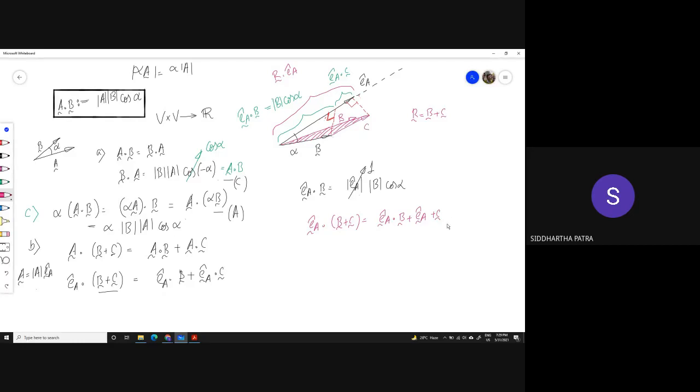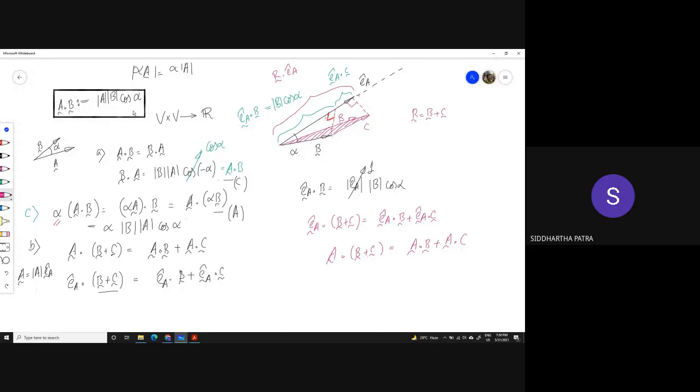And since that works, we can simply use the associative rule to extend that further to eventually having the distributive law proved.